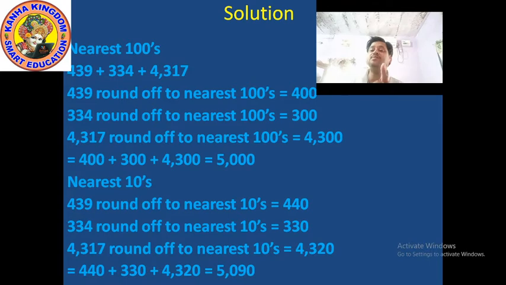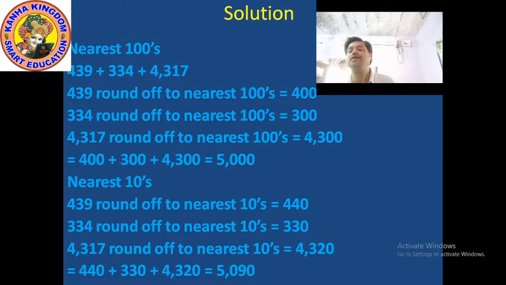Which digit is in the tens place? 1. So 1 plus 1 is 2, and whatever the digit in the 100 place, you write the same digit. Which digit is in the 100 place? 3. So you write down 3, and after that, which digit is in the 1000 place? 4. You write down the same 4.